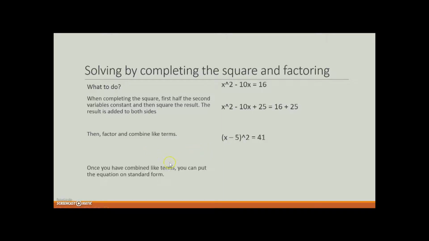Okay, once you have combined like terms, you can put the equation into standard form by passing this number right here to the other side of the equation. And then once you put it in standard form, you can use the equation to graph, or you could just graph the equation and find the intercepts and minimum or maximum value.